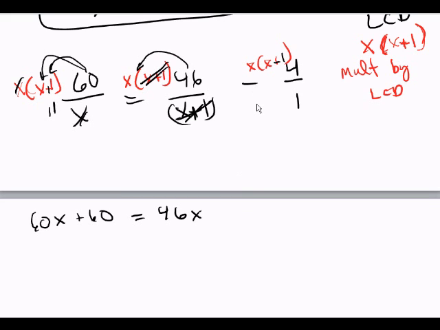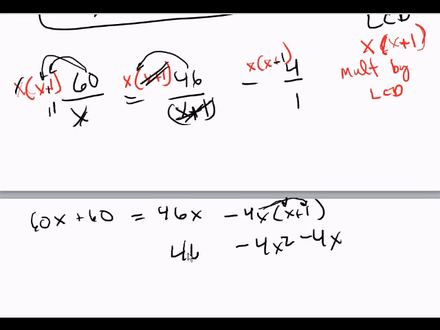Here I have 4 times x plus 1, and there's a minus here, so I'm going to put a minus 4 times x plus 1. So you see, I clear the fractions by multiplying each term by the lowest common denominator. Here I have to distribute. I end up with negative 4x squared. Negative 4 times 1 is negative 4x. I have a 46x.